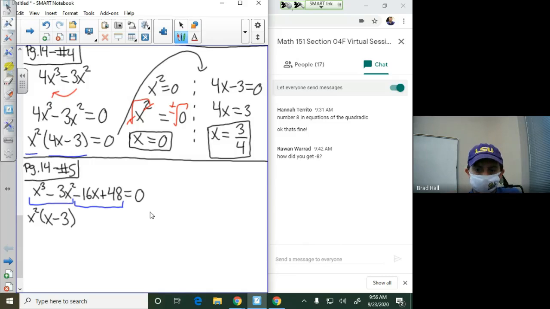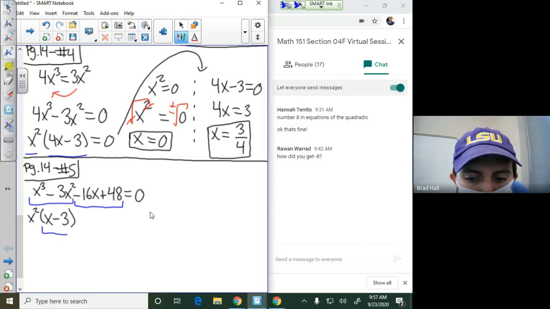For the next grouping, well, if anything, this tells us the pattern that we need to anticipate. So whatever we have, we better have an x minus 3 show up in the next group. If we factor out just 16 from the next group, we will be off by a negative sign. We talked about this in class.